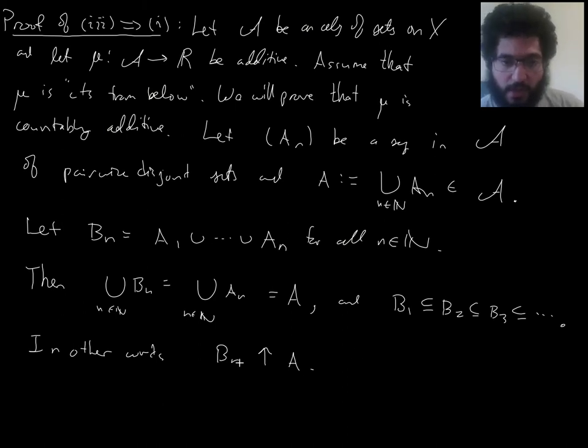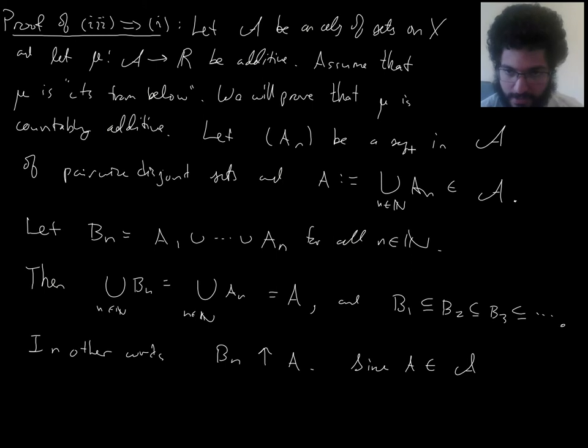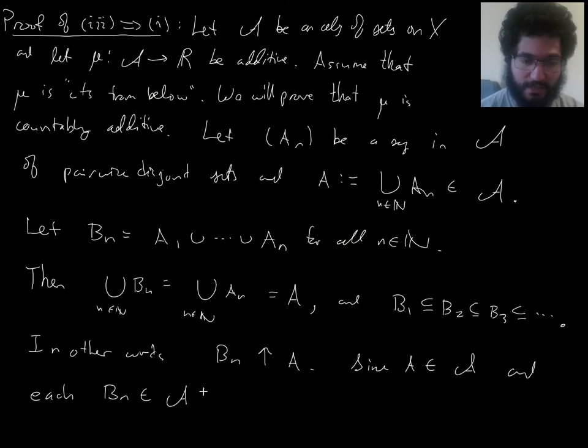Now, can I apply my assumption, which is that mu is continuous from below? What else do I need other than Bn builds up to A? I need A to be in there, but I'm assuming it is already, and I need the Bn's to be in there too. Is that true? So let me state it and then see if I can justify it. And each Bn is in there. So is that true that the Bn's are in there?